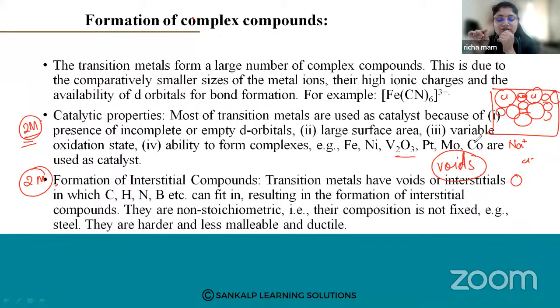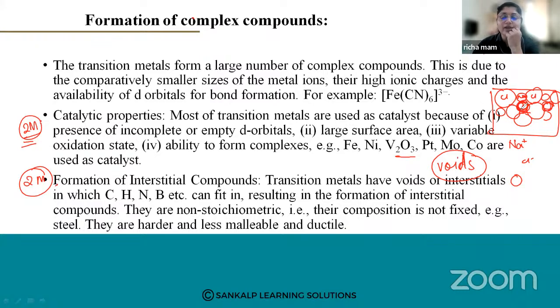Interstitial compounds are those which are formed when small atoms, like hydrogen, carbon, nitrogen, go and fit in these small spaces and take their place.